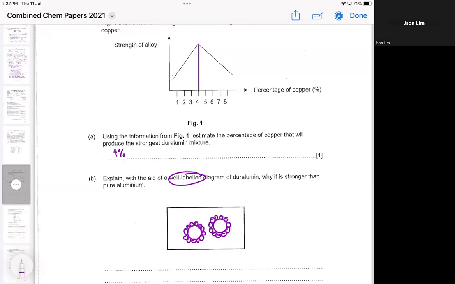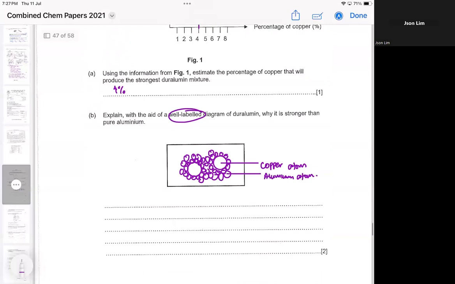Once you have your two sunflowers, draw some more of the smaller ones to join them together. Something like that. Then we'll label this. Copper is in lesser quantity, so copper atom. Then the smaller one will have aluminum atom, because the question wants us to label.